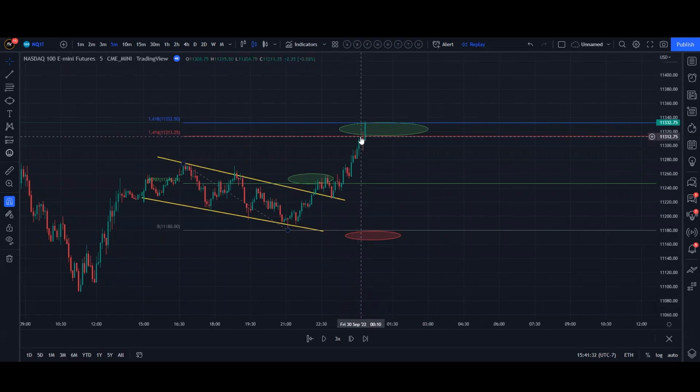On this green candlestick right here, the one that touched the 1.414 level, I would sell half of the position right then and there, and leave the other half to run to the 1.618 level, all while keeping that stop loss below the 0 level. Notice just a couple candles later, we do get the move to the 1.618 level, which is where we would sell the rest of the position and look for the next play to take.